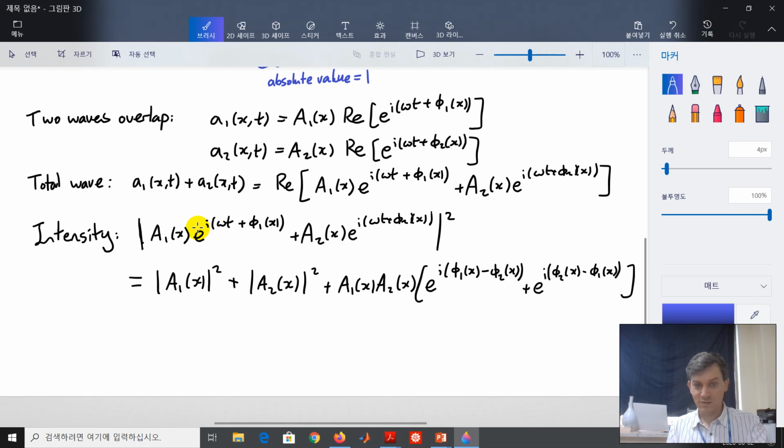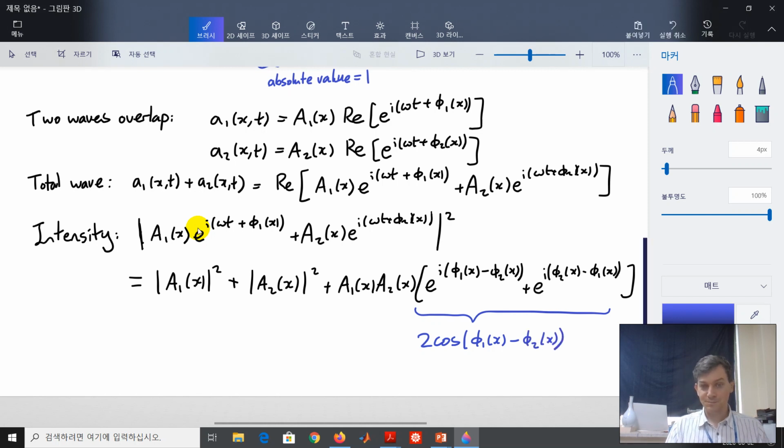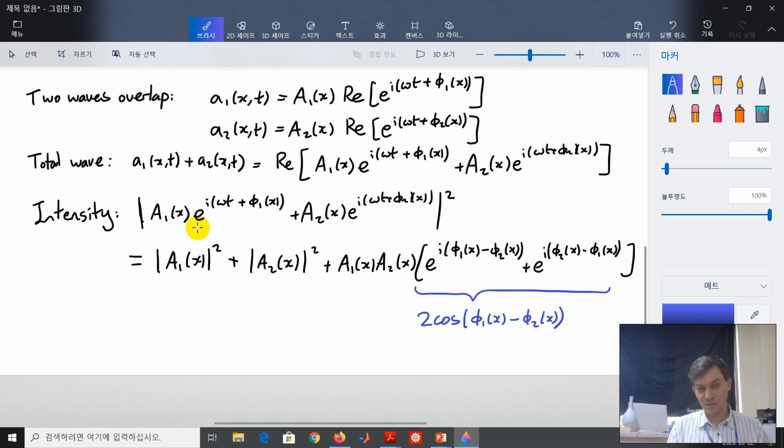Using the relationship between complex exponentials and sine and cos, this can be written as 2 cosine(phi1(x) minus phi2(x)), and it's this term which gives the interference.